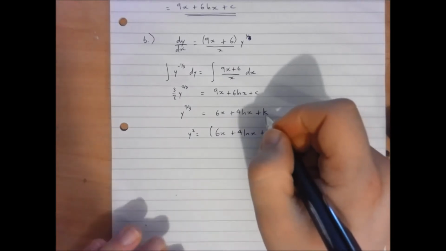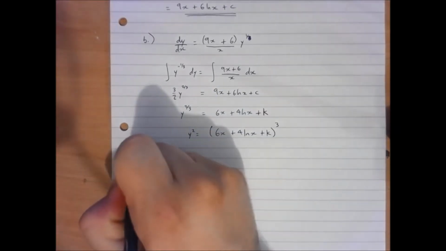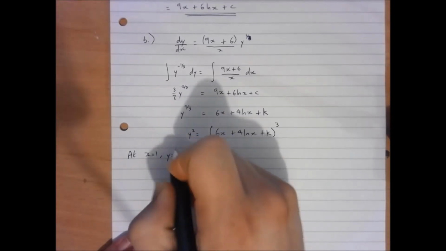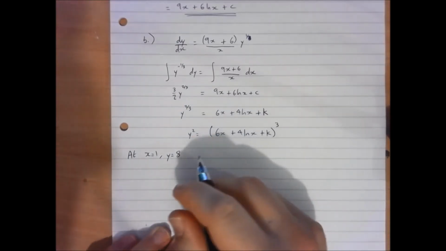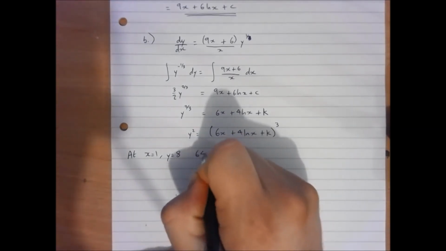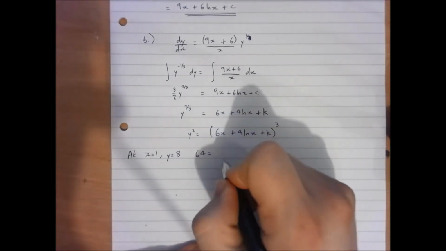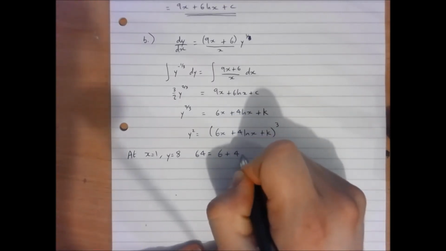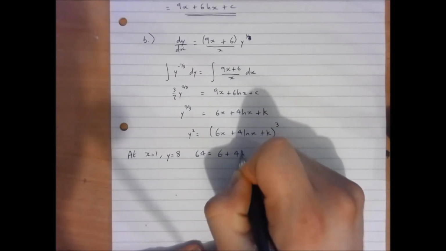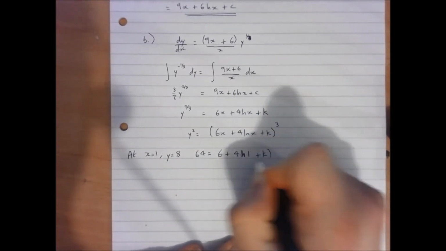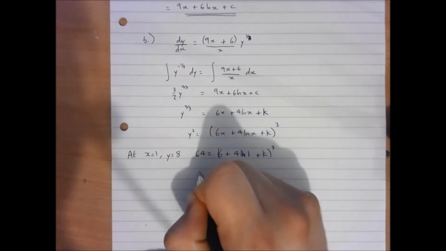However, I was given initial conditions in this question. When x is equal to 1, y is equal to 8. So if I plug these constants into my equation, I get 64 is equal to 6 plus 4 log 1, which is 0, plus k cubed.